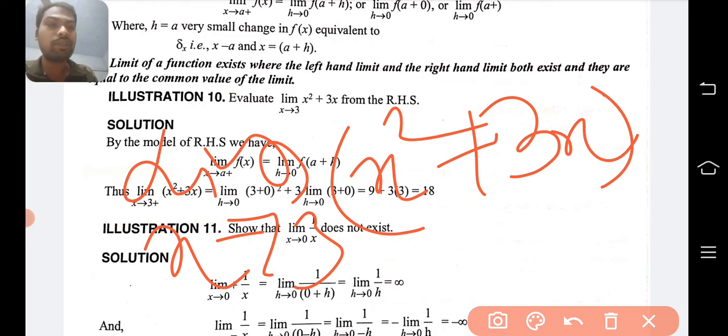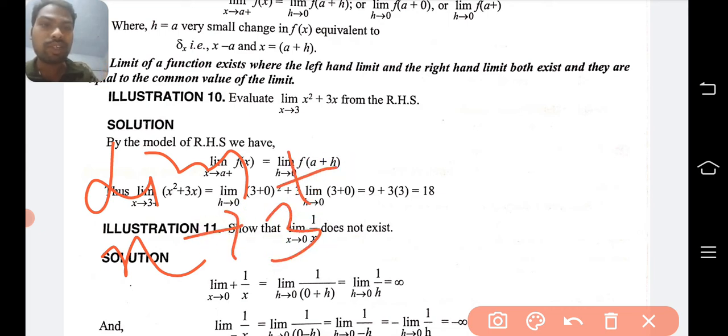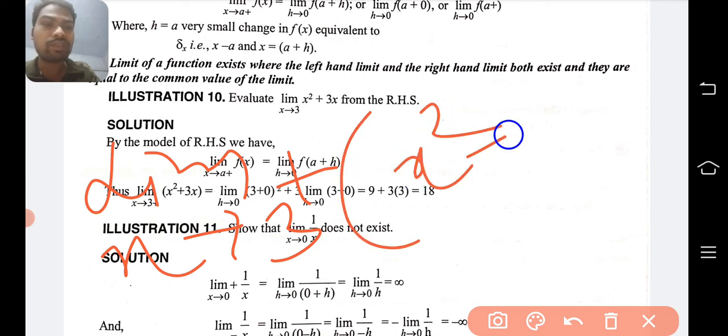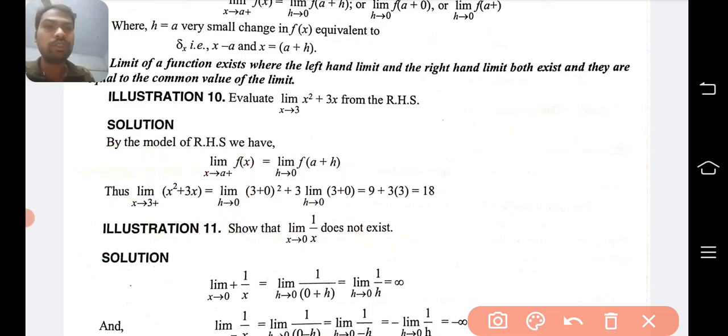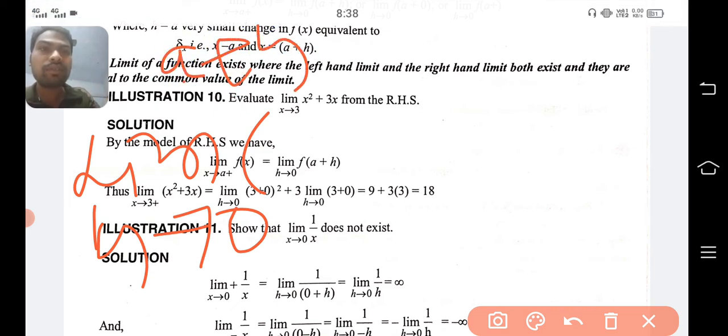So what we are going to do, first we will write limit x tends to 3 plus of x square plus 3x. Next, if you denote this term in terms of h tends to 0, then what will be the functional form here? In place of x you can write a plus h, this is equal to x.